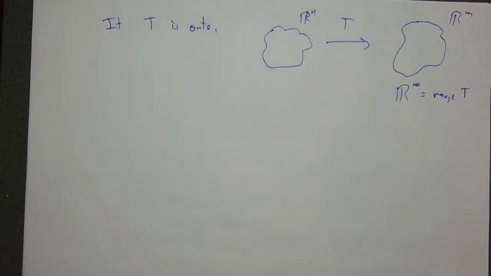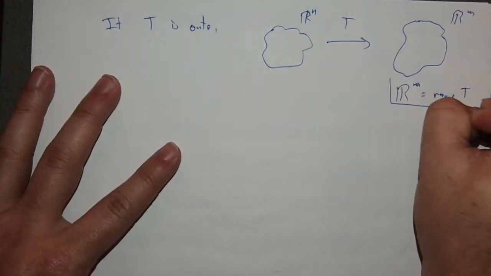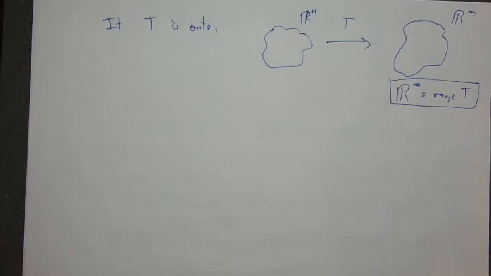That's the point. So if T is onto, R^m is equal to the range of T. That's another way of defining onto. There is no difference between the codomain and the range.